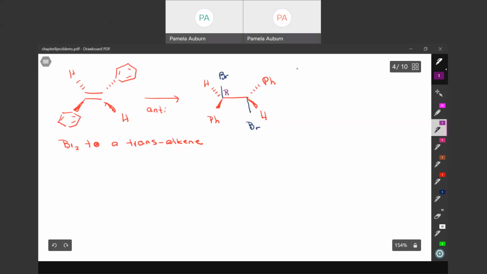This is R. And this is S. So I've done anti-addition to a trans alkene, and because the substituents are the same here and here, there's a mirror plane in this, and this is a meso compound. And of course, I would get it the opposite way, where the bromine would come down on the first carbon and up on the second one. It would still be the meso compound.